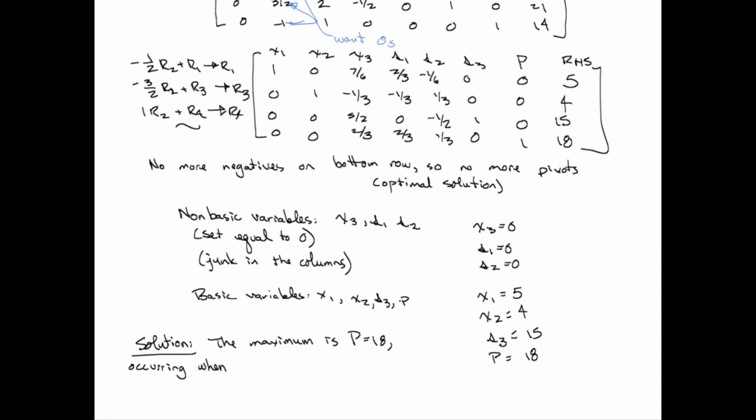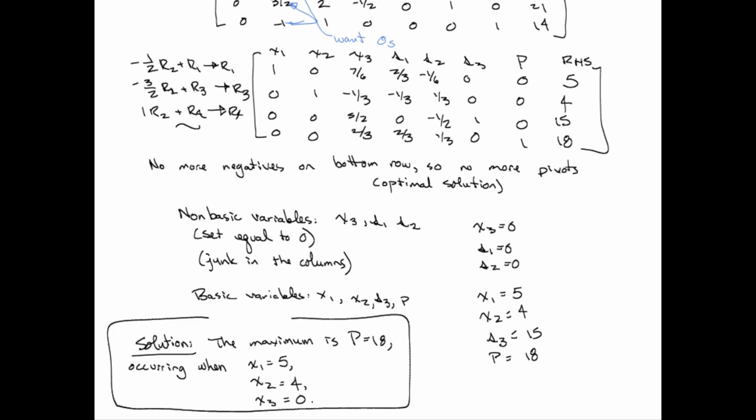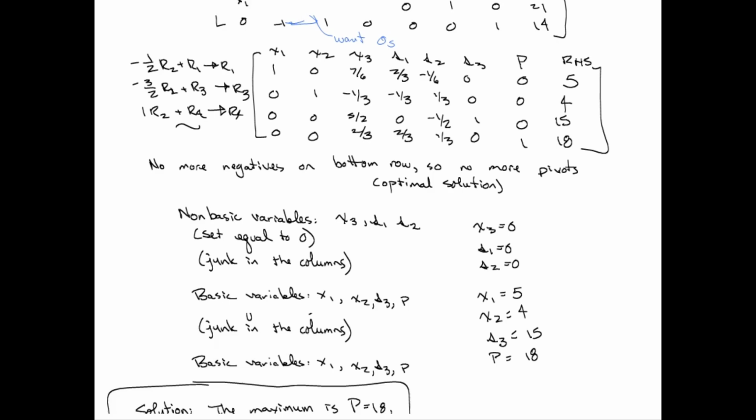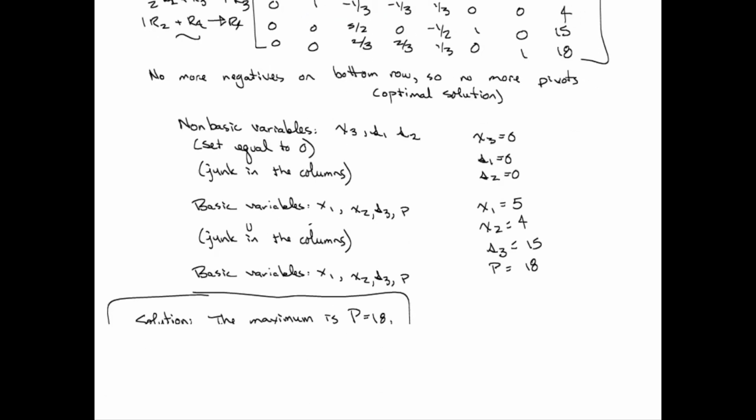Our original model had x1, x2, x3 in them, and so x2 is equal to 4, x1 is equal to 5, and x3 is equal to 0. Junk in the column. It's a non-basic variable and is therefore set equal to 0. In other words, your final solution does not include the slack variables. It only includes the original variables.